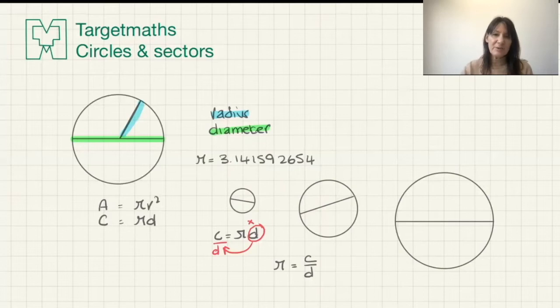So that's just a little bit of background understanding behind exactly why pi, 3.14159, is so important, because it's connected in there through that circumference and diameter.